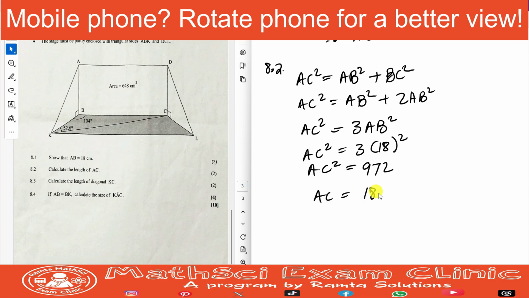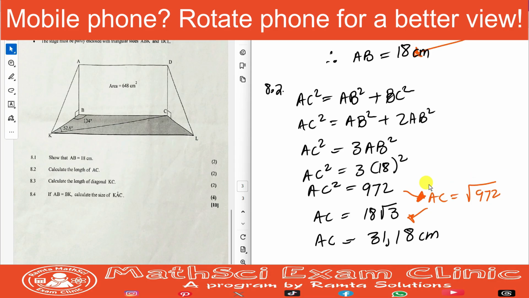It'll give you 18 root 3. If you like, you can leave it here, but because it's your final answer, you can say AC is 31.18 centimeters. Okay? Is it so? I'm not sure, guys. I'm really not sure.